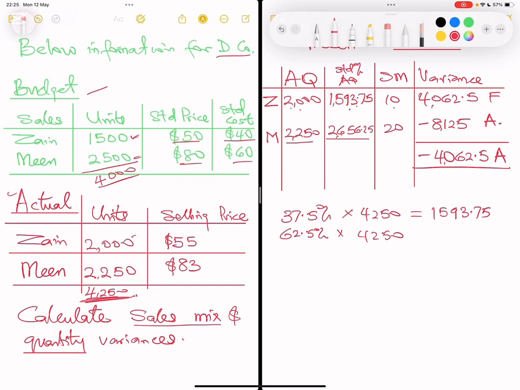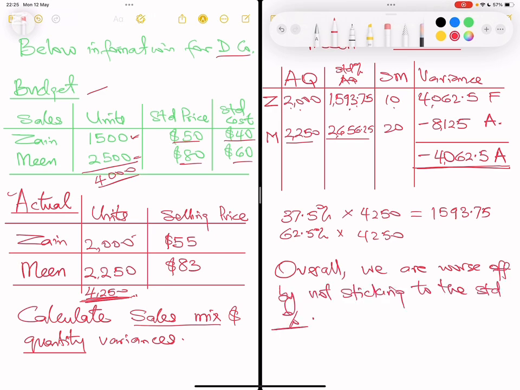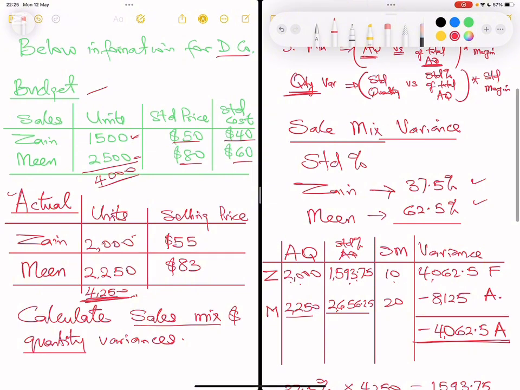And how do we interpret this? The starting point is to know that overall we are worse off by not sticking to our planned percentage, because the net mix is adverse. Remember, mix is asking, are we better or worse by not sticking to our standard percentage? So overall, we are worse off. Because the plan was to sell these items in 37% and 62%.